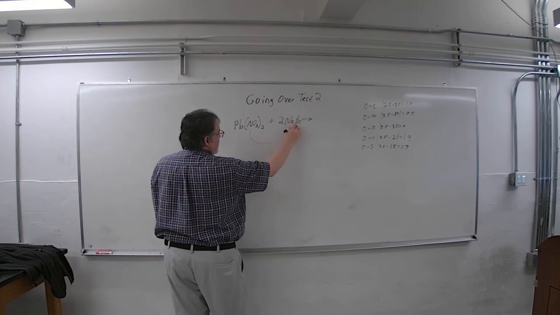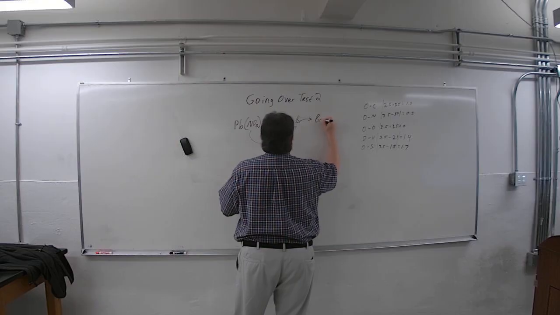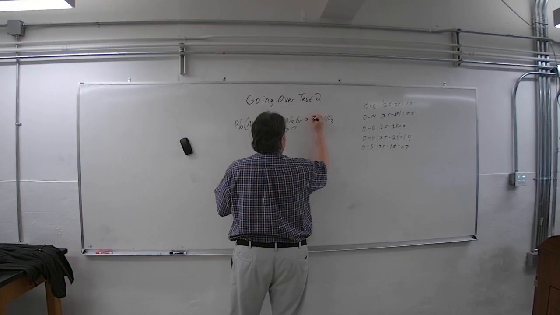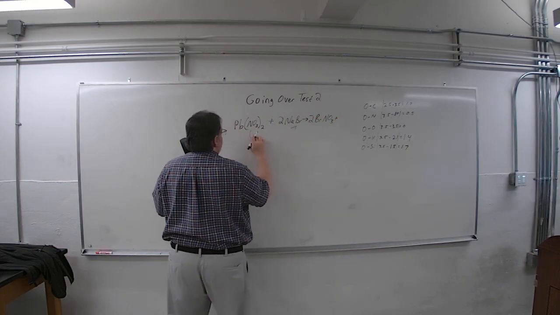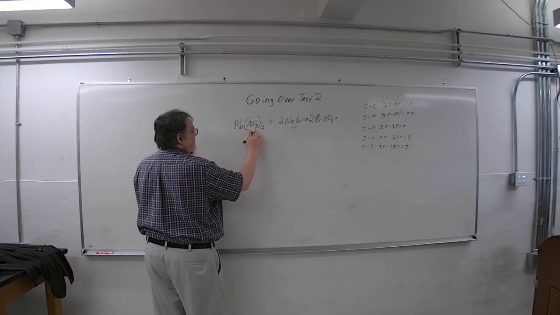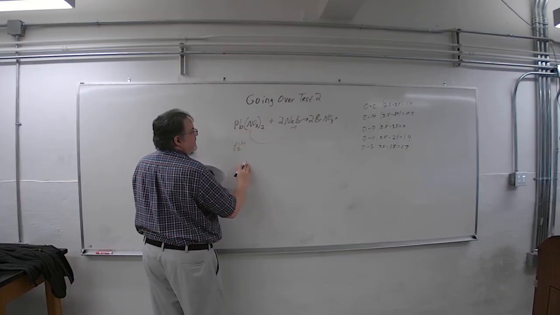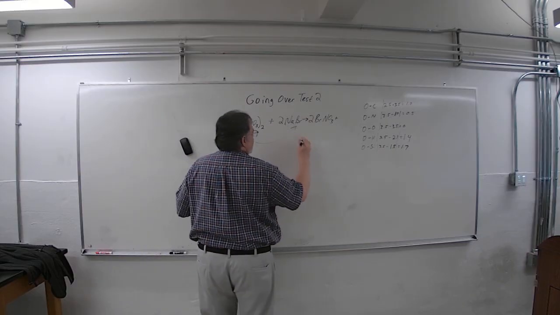We've actually got 2 Brs, which works out. The lead here, since NO3 is negative and there's 2 of them, this means it's Pb2 plus. We're going to put that with Na.